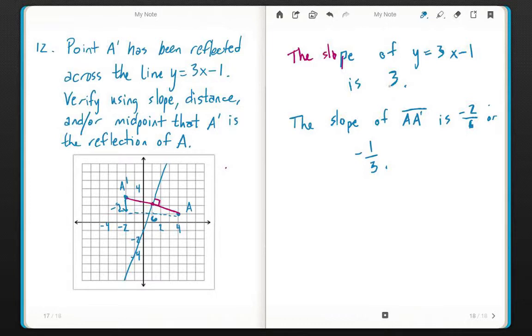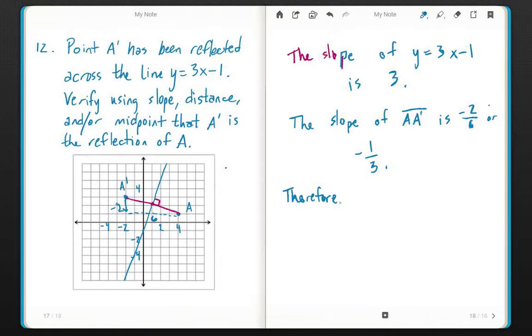Okay. Now, since these are opposite reciprocals of each other, I would suggest on a test, or anytime you're actually proving this, that you make the statement that we know perpendicular lines have slopes that are opposite reciprocals of each other. You would probably want to write that sentence down.